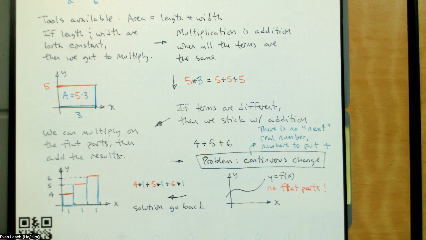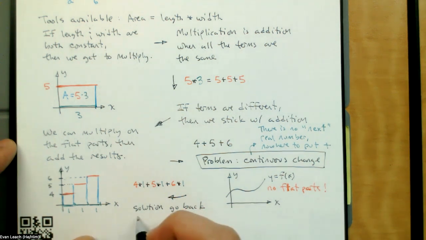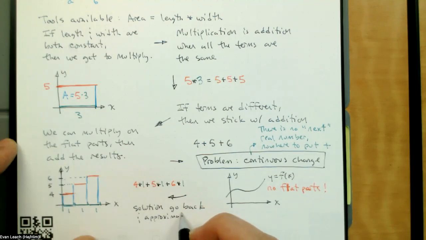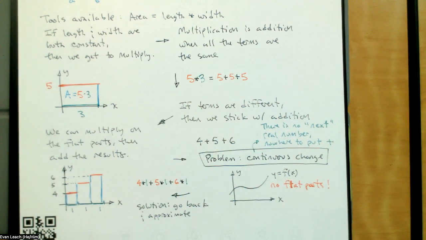Go back to the previous problem where we can do these things and approximate the continuous. Go back and approximate. Our solution to this problem is to go back and approximate. We're going to model our continuous with a discrete. Use the discrete to model the continuous.